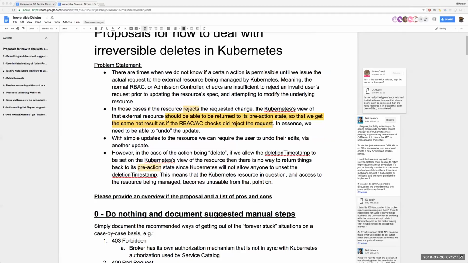My feeling is that with the pre-hook, with the pre-check, if things change between a pre-check and the actual deletion, that's fine. That's an expected edge case that results in a wedged resource that needs to be dealt with.